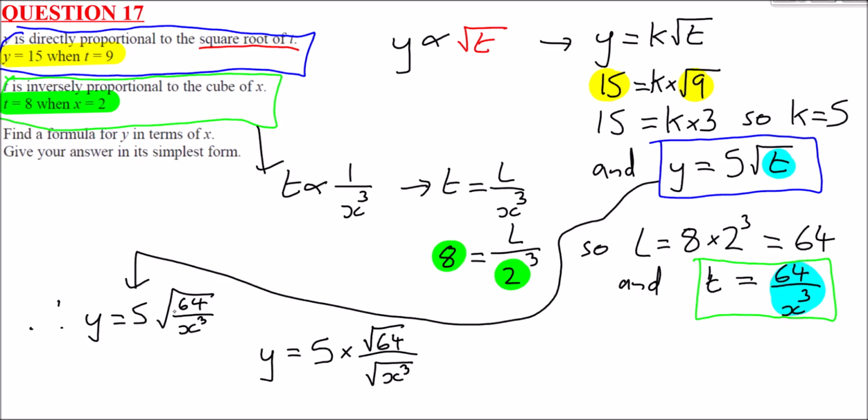You can split the square root of a fraction into the square root of the numerator over the square root of the denominator. The square root of 64 is obviously 8, so fully simplifying it, y equals 5 times 8, which is 40, all over the square root of x cubed. And that's our fully simplified answer.